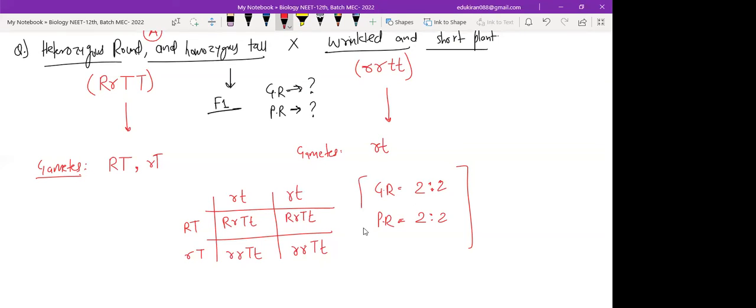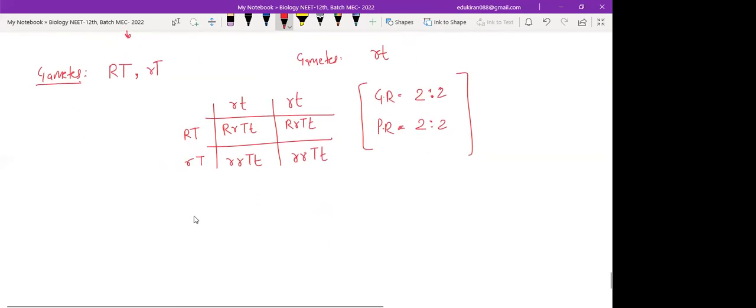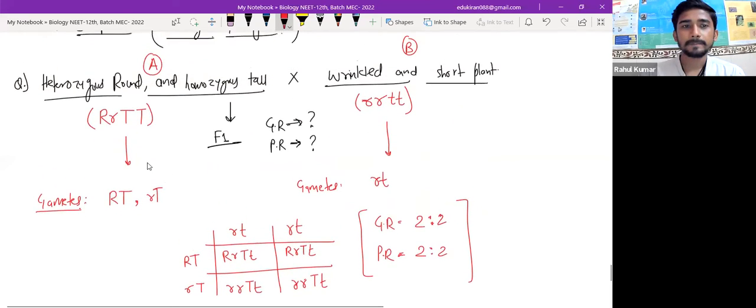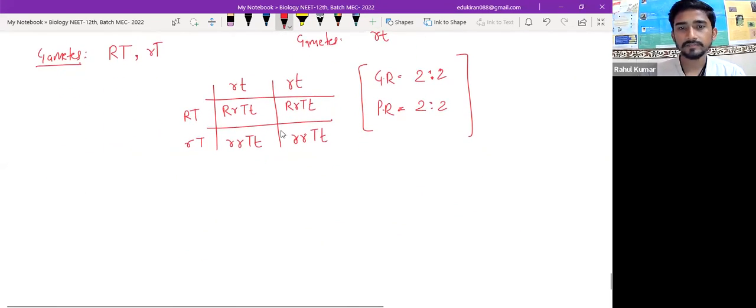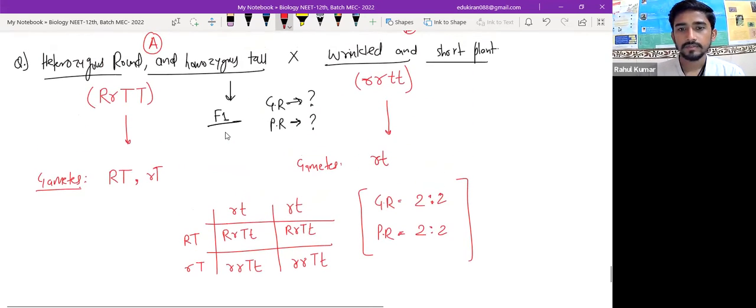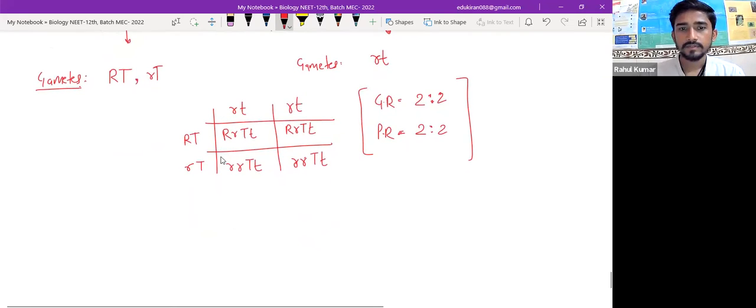Yes, everyone. Now the interesting bit. If I take this plant from the F1, capital R, capital T, small t, and I am self crossing it with capital R, small r, capital T, small t.